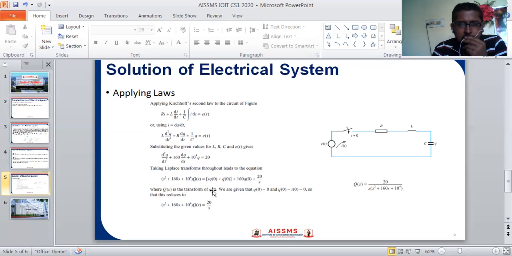From this we can find the output by input. At the end we find Q of s is equal to 20 divided by s into s square plus 160s plus 10. This is the way we can find the transfer function of an electrical system.